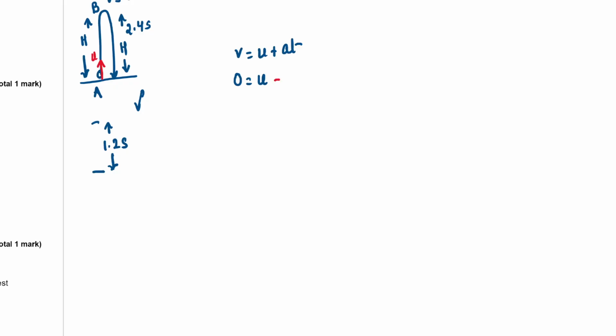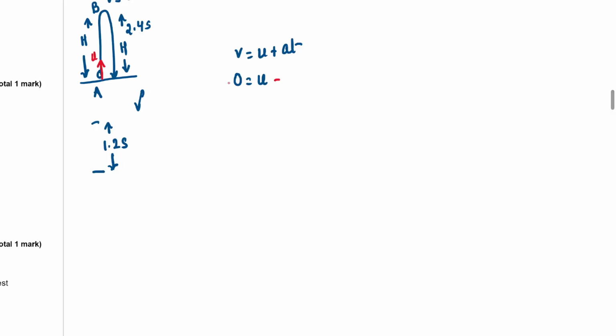The gravity is negative because it is going in the upward direction and the gravity is in the downward direction. Whenever the velocity and acceleration are opposite to each other, you take acceleration as negative. Okay, so the value of the acceleration is 9.81.